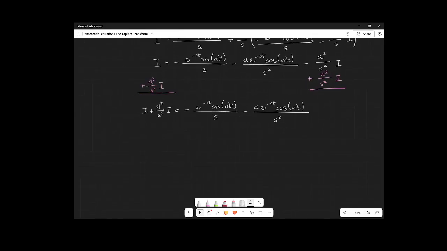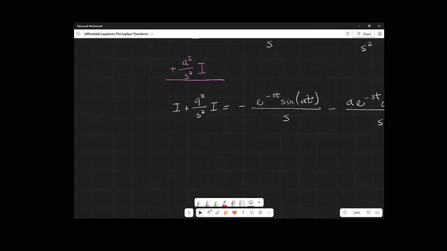And what I can do now is on the left-hand side of the equation, I'm going to factor out an I, and this will allow me to divide through and solve for I. So this is I times 1 plus a squared over s squared.